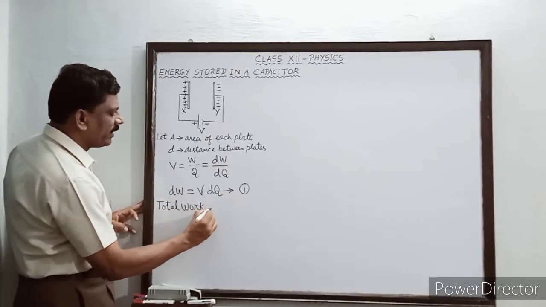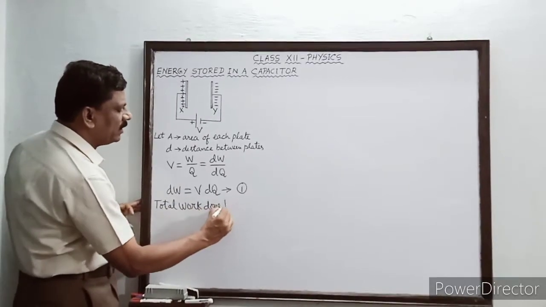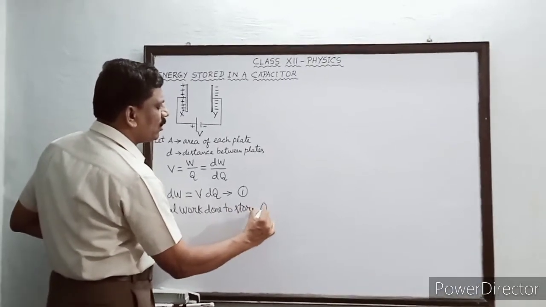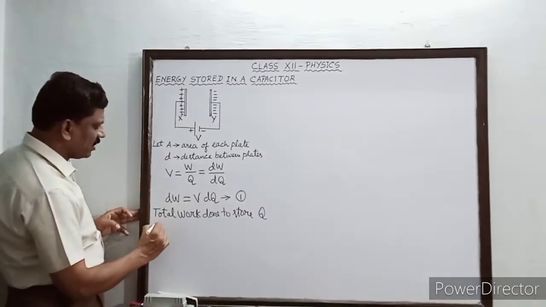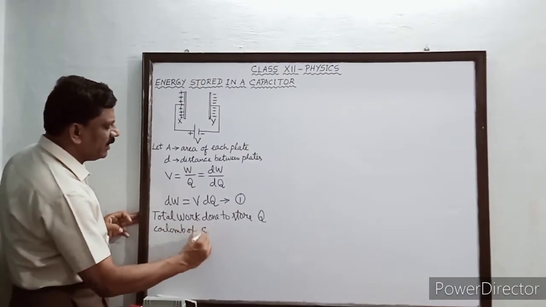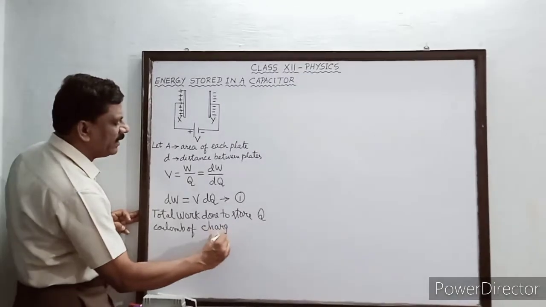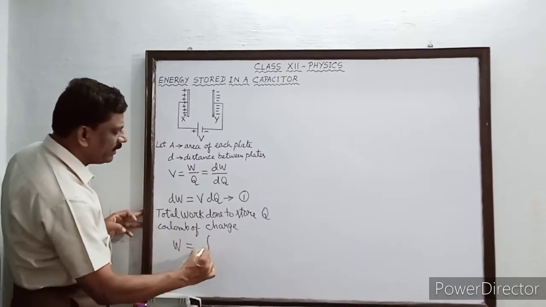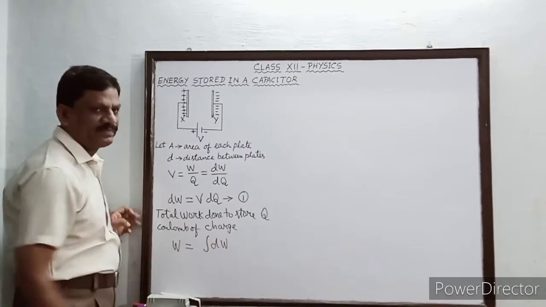to store Q coulomb of charge must be equal to what? The integral of dW, that is, W must be equal to the integral of dW. Is it not?